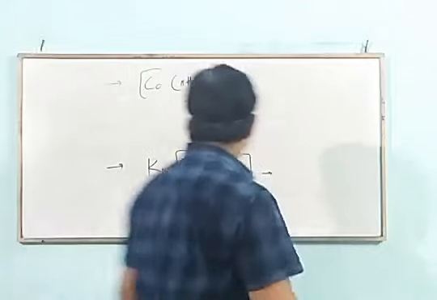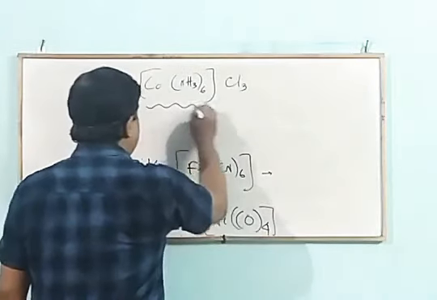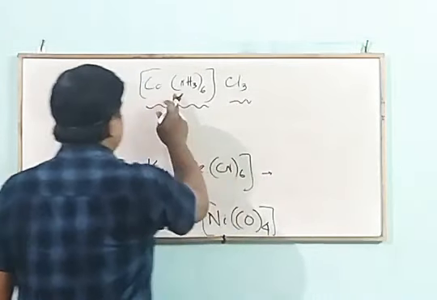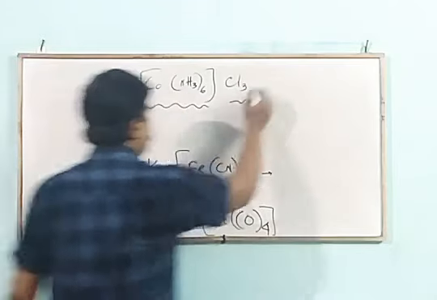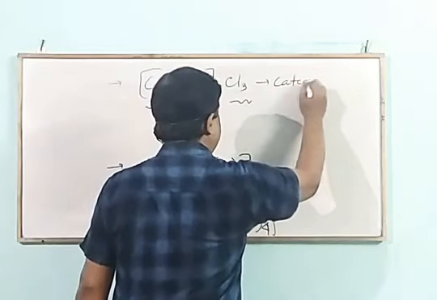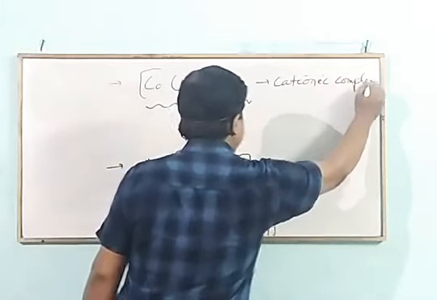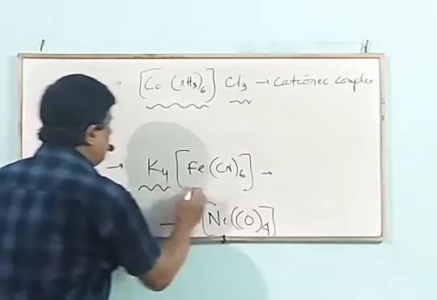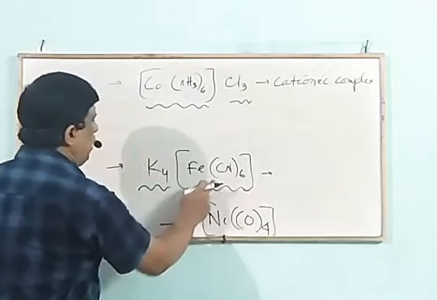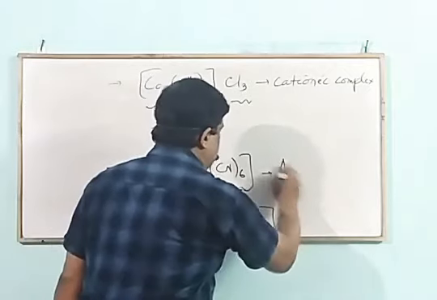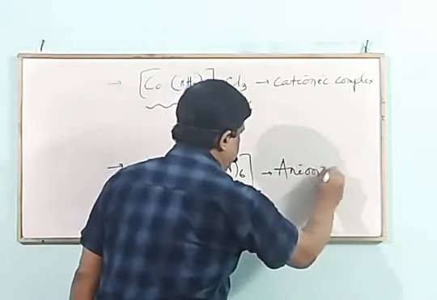Mark that. This one is a non-ionic part, this is the ionic part. This one has a cationic complex part, so it is known as a cationic complex. Mark that. Here is the ionizable part and the non-ionizable part, and the complex part is the anion, so it is known as an anionic complex.